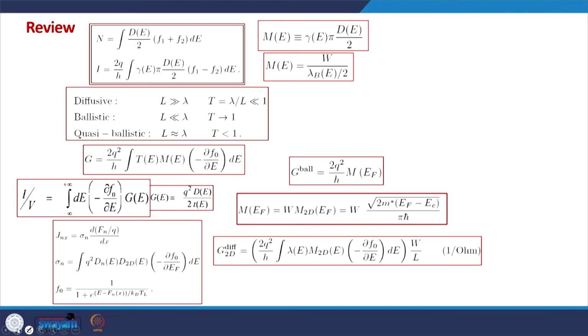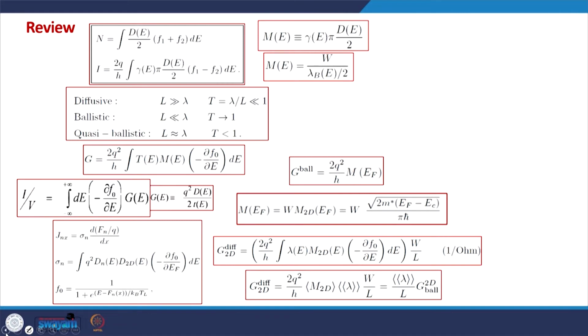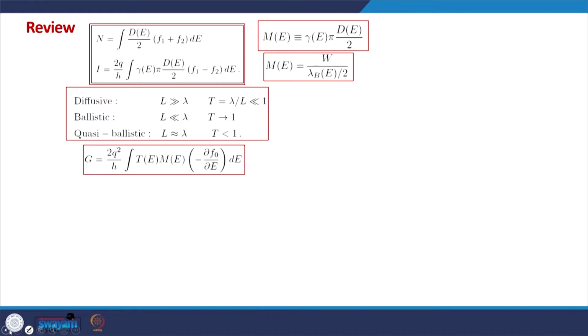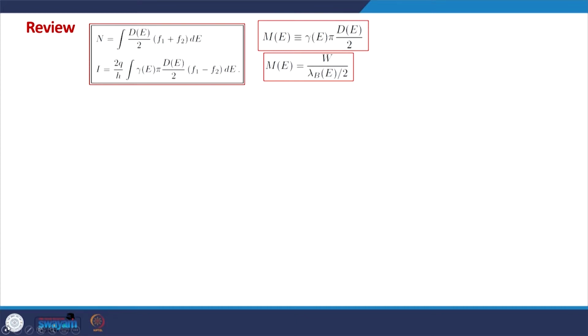Before going into this new topic, let me quickly review what we have been discussing in the last few classes, which is the general model of transport.